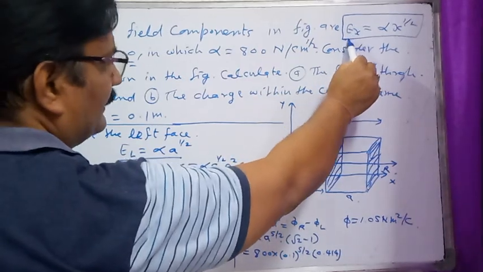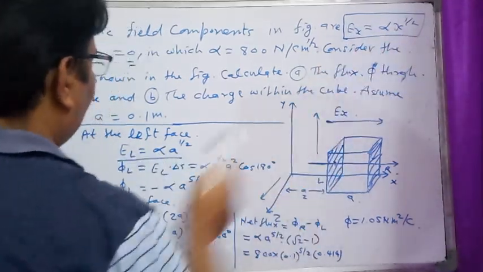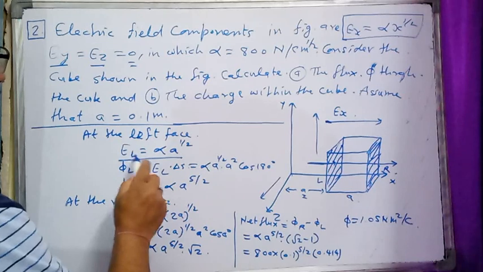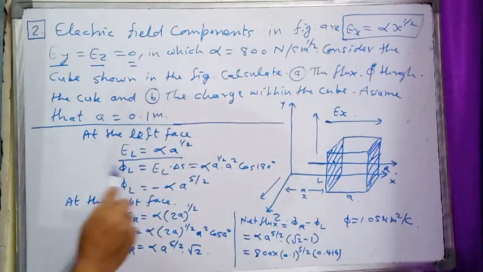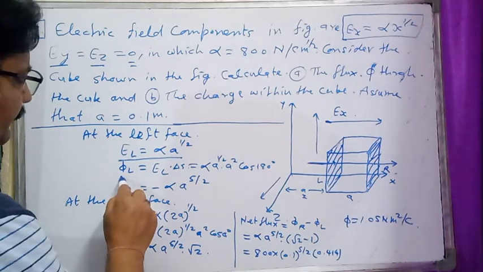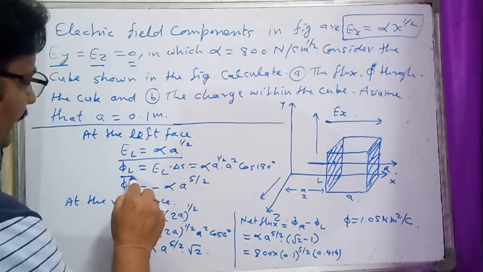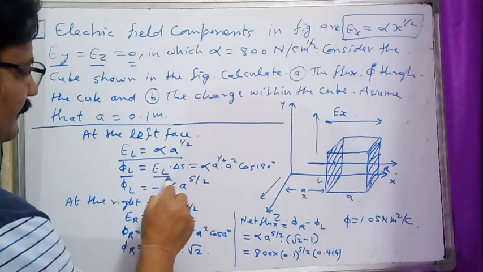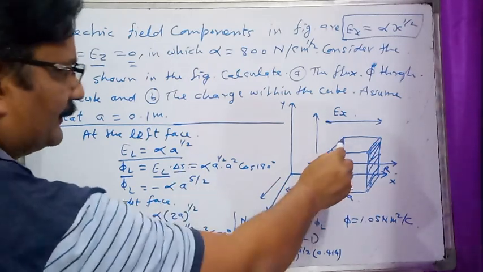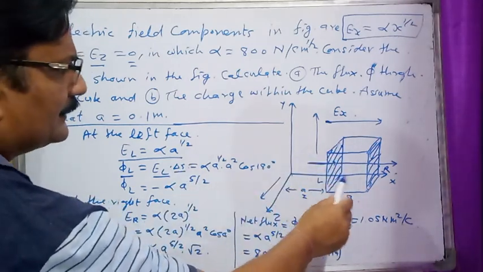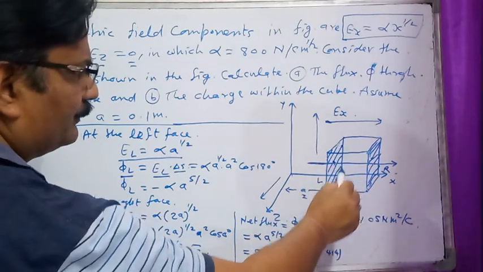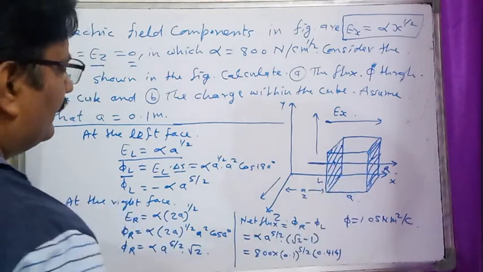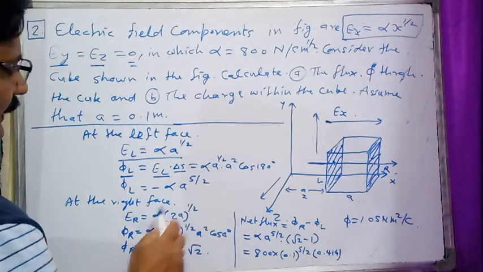Therefore by the expression Ex equals alpha x to power half, it becomes El is equal to alpha a to power half. So what can be the flux passing through left face of the cube? That is phi L is equal to electric field multiplied by the surface area of the cube, and if length of the cube is a, therefore surface area of the cube is going to be a square.